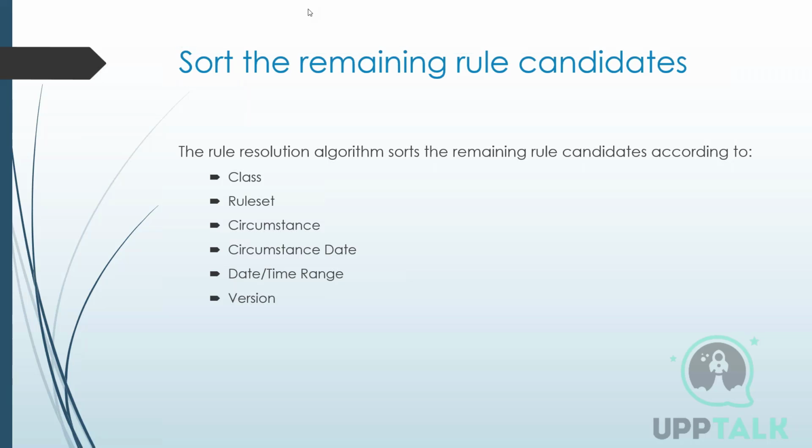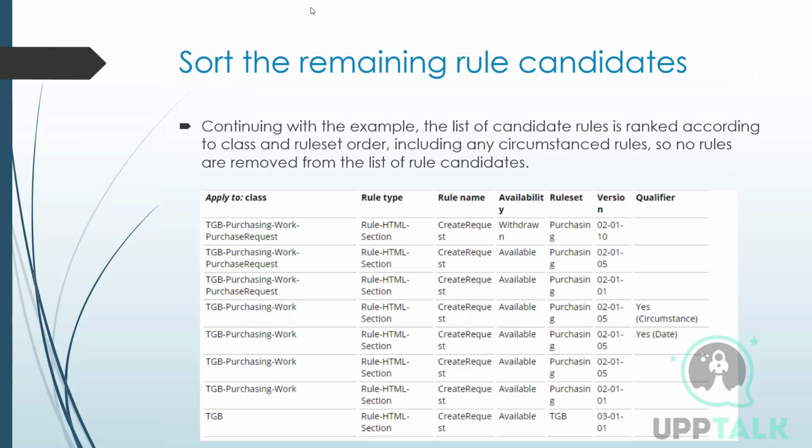Those things are checked, and then your version is checked. So let's see how the sorting works. With all those that I'm left with, it is now being sorted. You see, first the current class that you're handling, which is work-purchase request. All the instances are listed out.